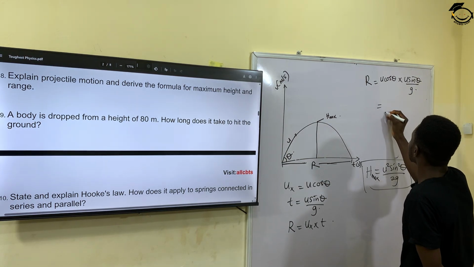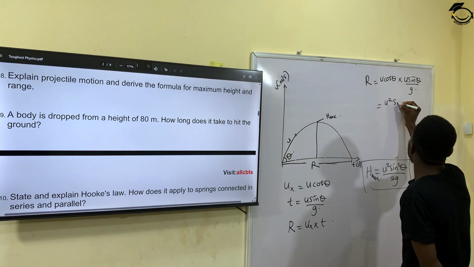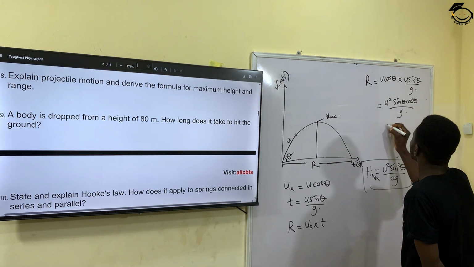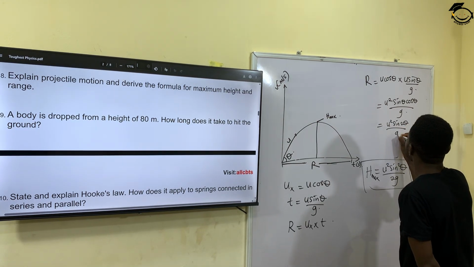This is the same as saying I have u squared sine theta cos theta over g. This is the same as saying I have u squared sine 2 theta over g.